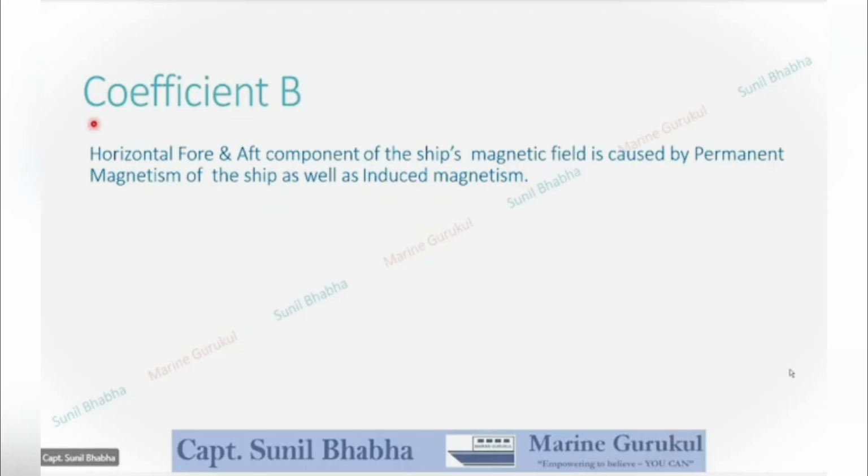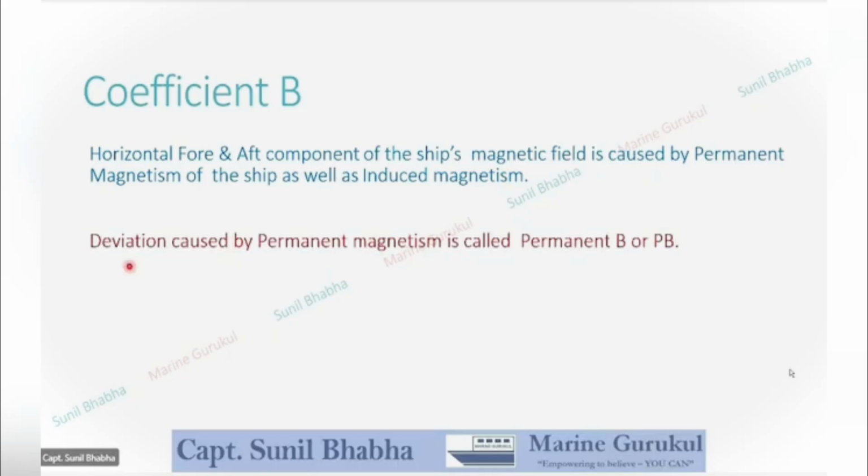So the contributing factors for coefficient B are both permanent magnetism as well as induced magnetism. The part of coefficient B generated by permanent magnetism is called permanent B, or in short PB, Papa Bravo. And that part of coefficient B which is generated by induced magnetism is called induced B, or in short form IB.